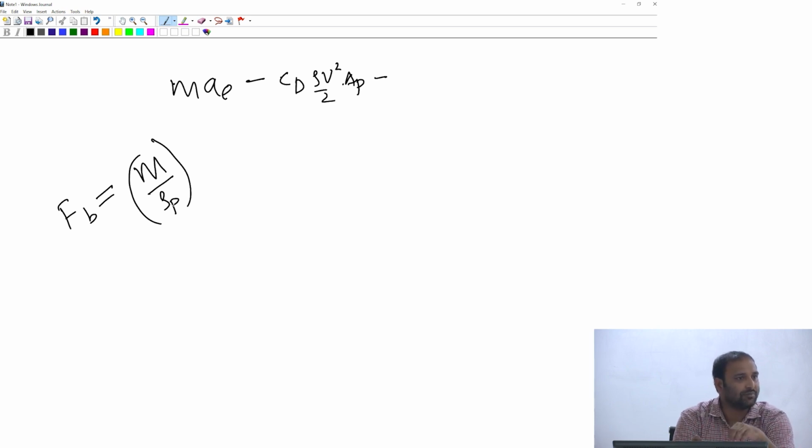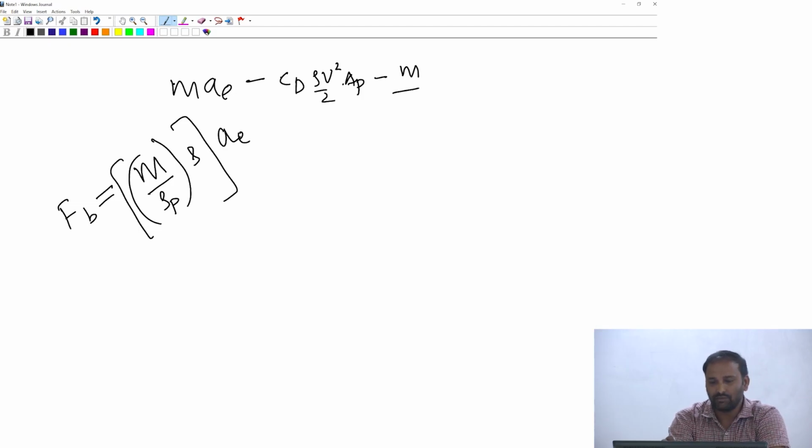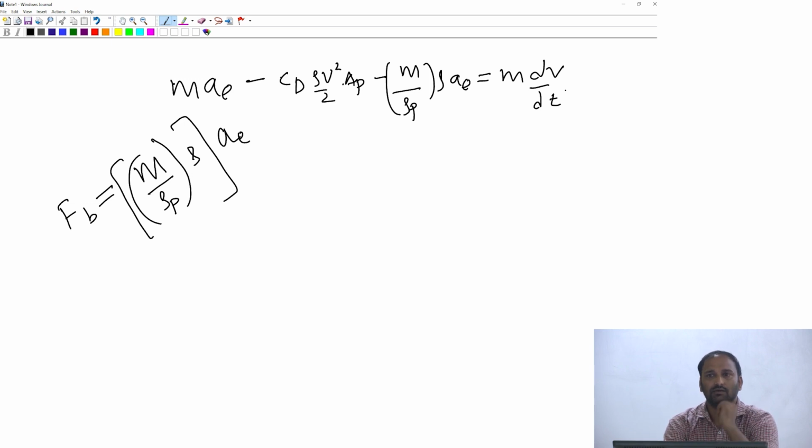Rho p is the density of the particle, times rho, the density of the fluid, gives the mass of the fluid that is displaced, times Ae, the acceleration because of the external force. That is what is going to be your Fb. Therefore, I can write this as m divided by rho p into rho times Ae, and the whole balance should be equal to m into dv by dt.